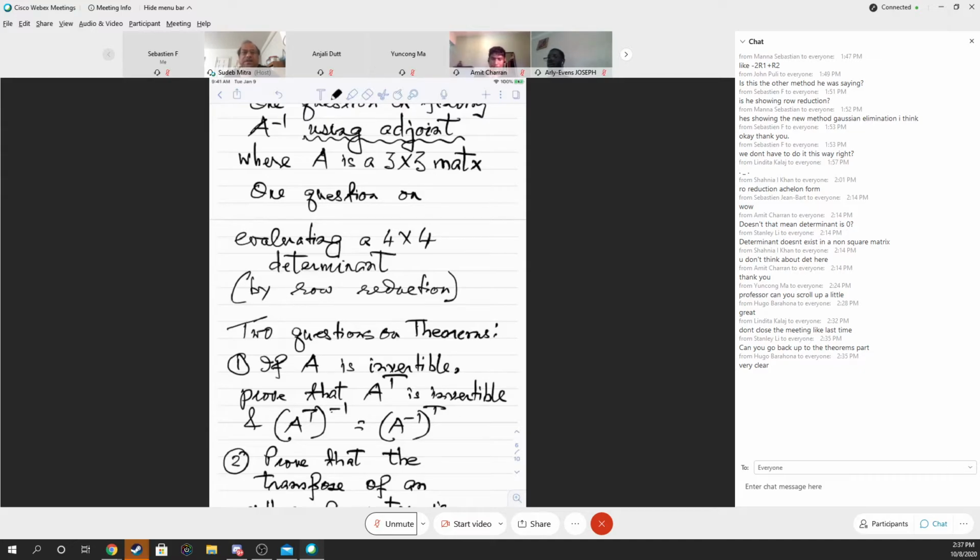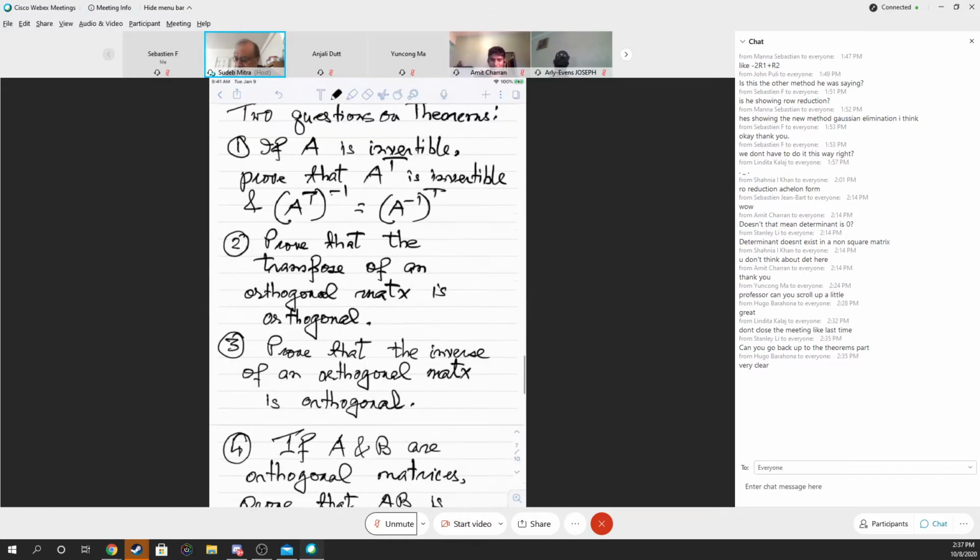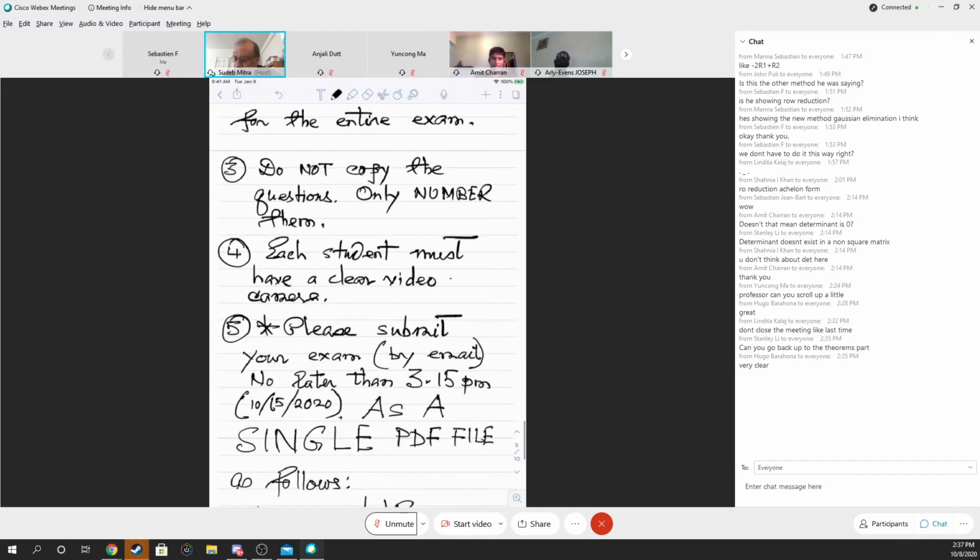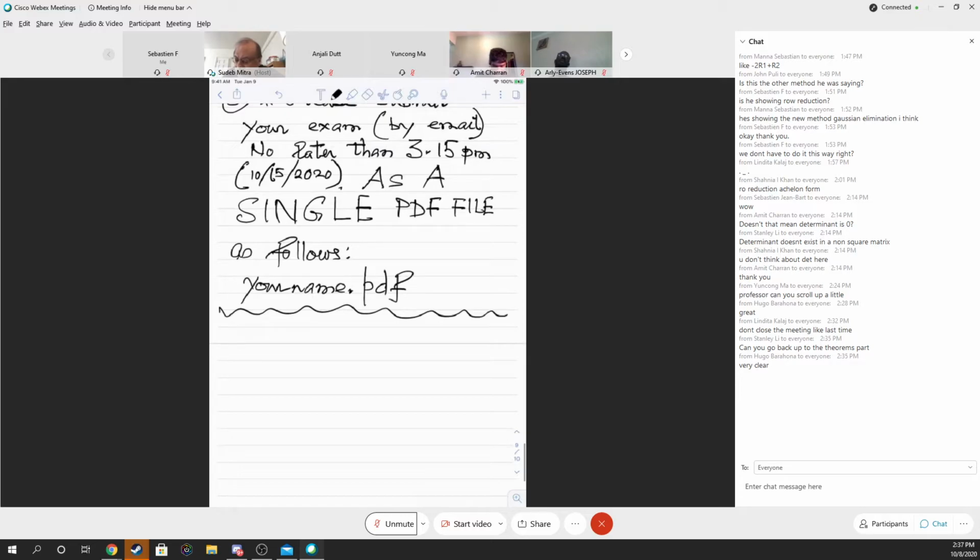What kind of an answer is that? What will I understand from there? So, a square matrix is symmetric if A is equal to A transpose.